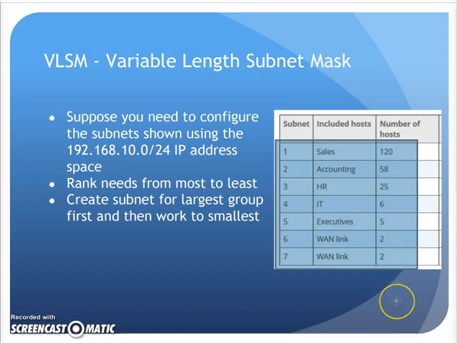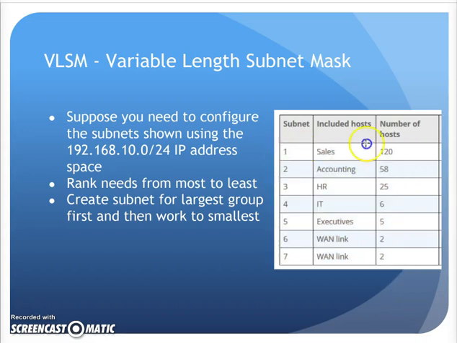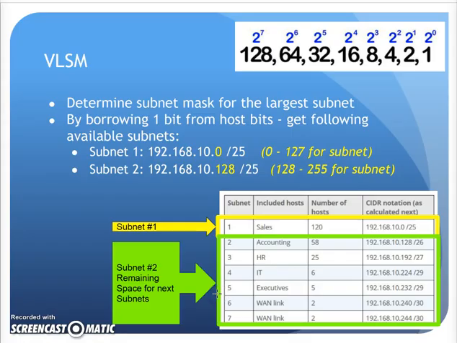So they take a chart and rank order them, largest up top, smallest on bottom. Because what happens is you carve out a big subnet here, then a smaller one here, then a smaller one here, and work your way down. Again, it's kind of like cutting a pizza. You cut the big piece first, then you take what's left and cut some smaller pieces, then smaller pieces, and so forth. That's how it gets done.